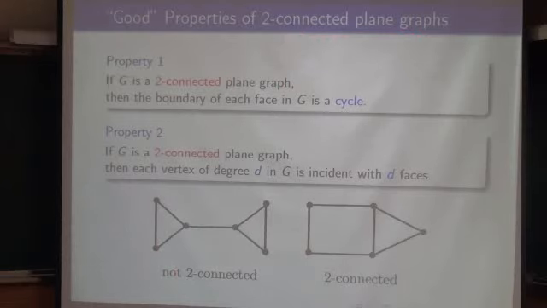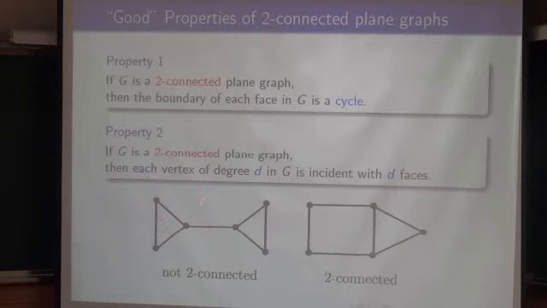And the second property is the following. If G is a 2-connected plane graph, then each vertex of degree d in G is incident with d faces. If we see the first graph, this is not true, because let's think about this vertex. The degree of this vertex is 3, but the number of faces adjacent to this vertex is 2: this face and the outer face.